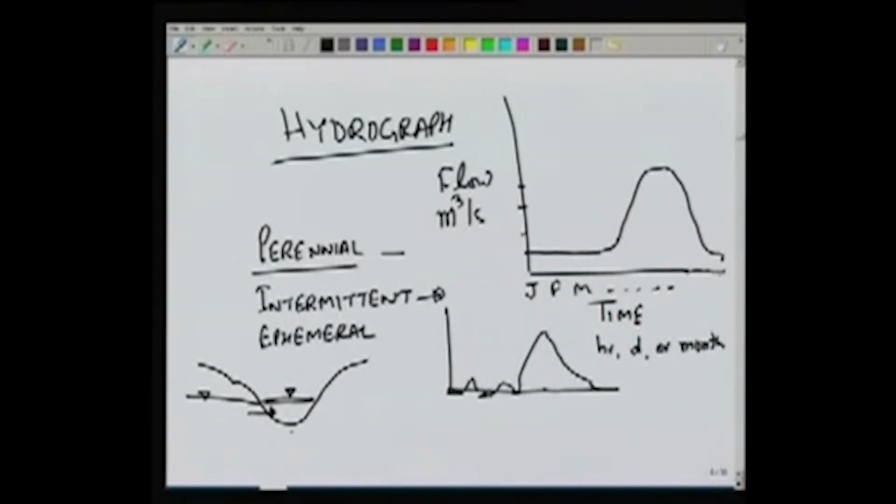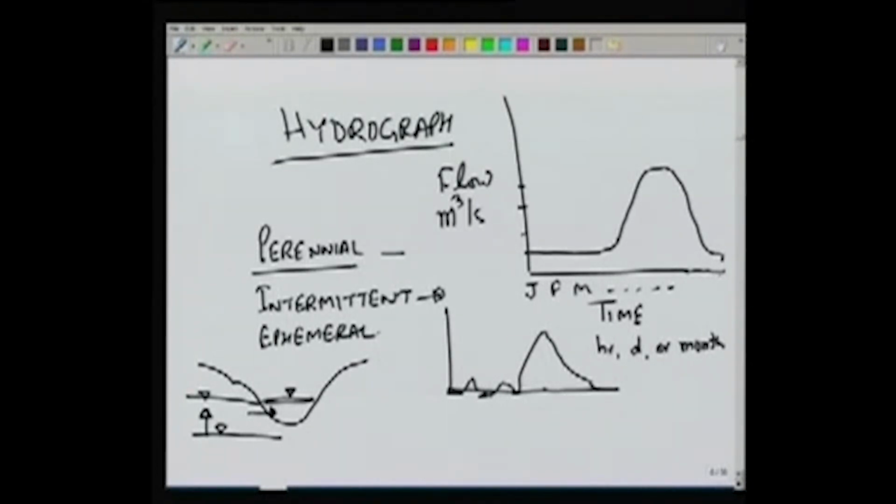So in a perennial stream, the groundwater level will be above the stream bed, and therefore it will contribute water towards the stream throughout the year. But in intermittent streams, the groundwater level sometimes may fall below the stream bed and there will be no flow in the stream. But again, during monsoons, the groundwater level may rise, and therefore it will have a continuous period of 6-7 months or so in which there will always be flow.